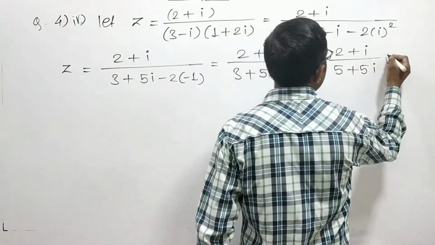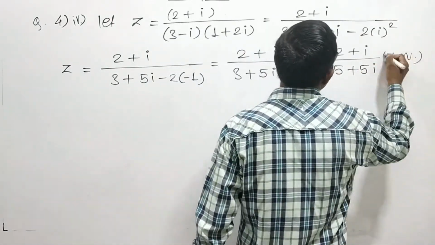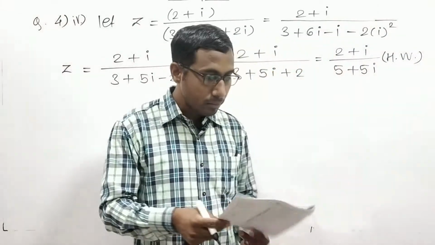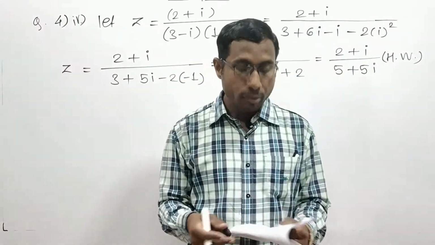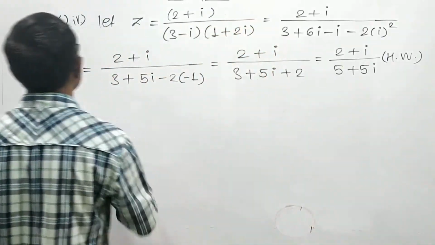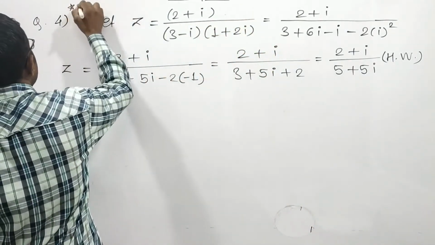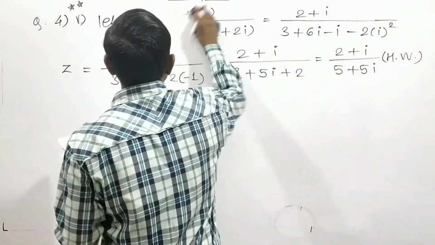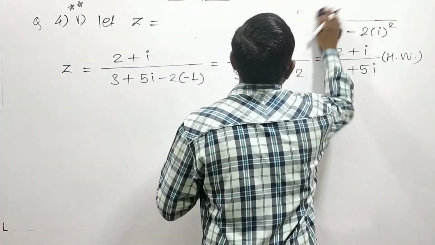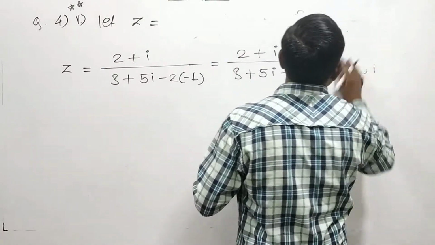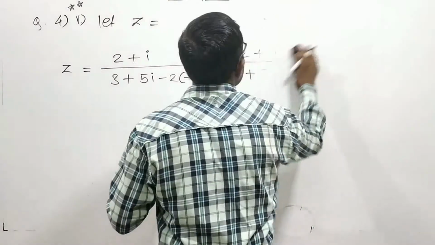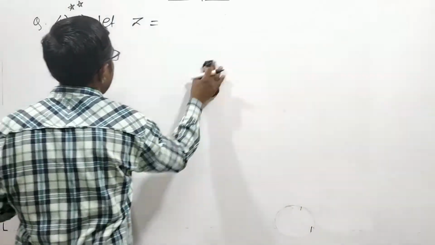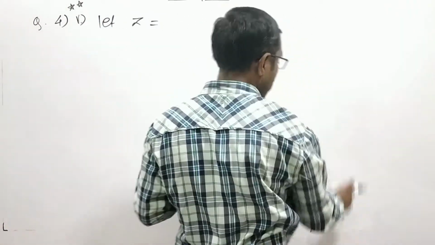Now the rest of the solution will be for your homework. Is it? So this is the fourth bit. Now let's see the fifth bit. Star mark this fifth bit. So z is equal to, what is that fifth bit?